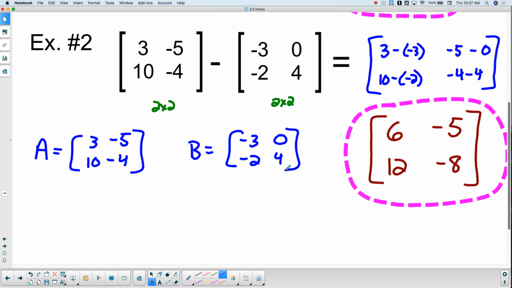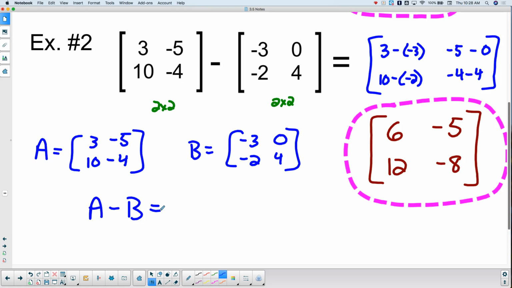And then matrix C is something else, and matrix D is something else. This particular problem, example number 2, could have been written out as A minus B. That would have been exactly the same thing.